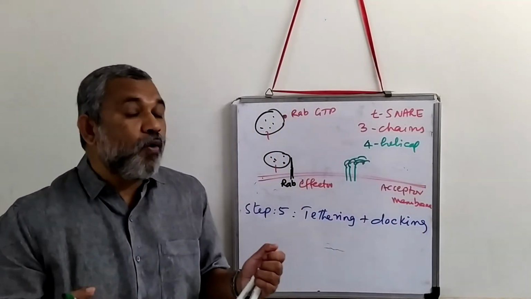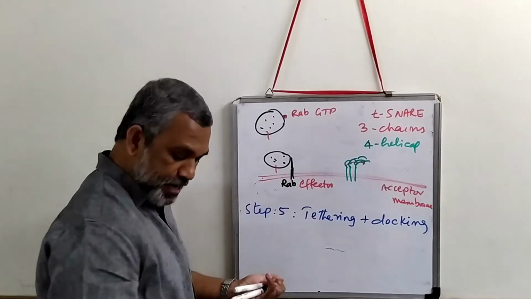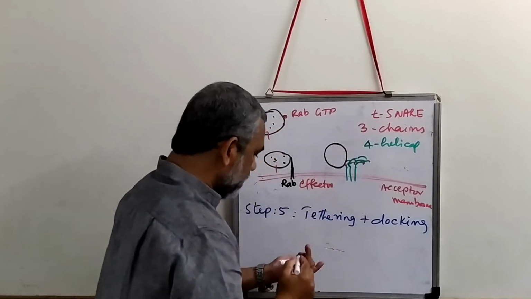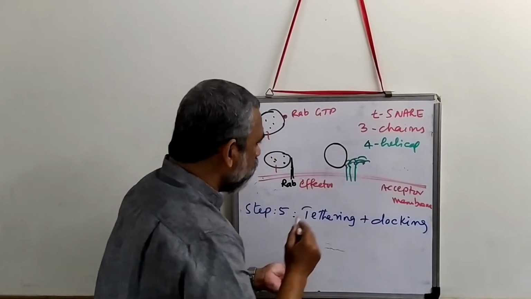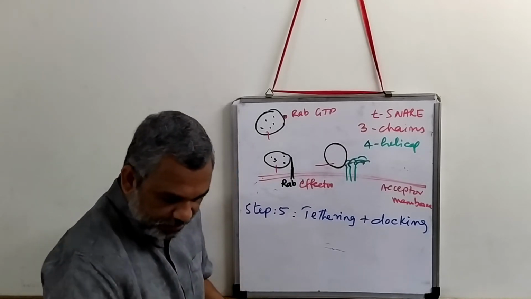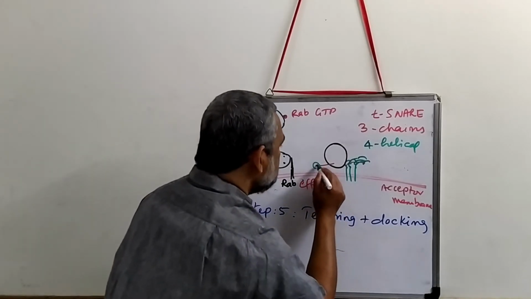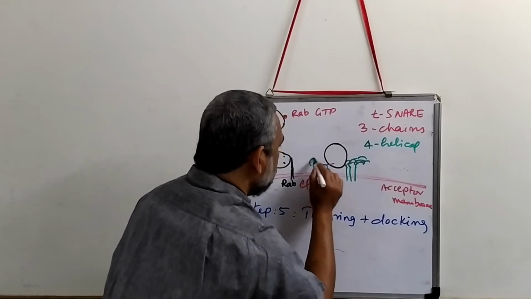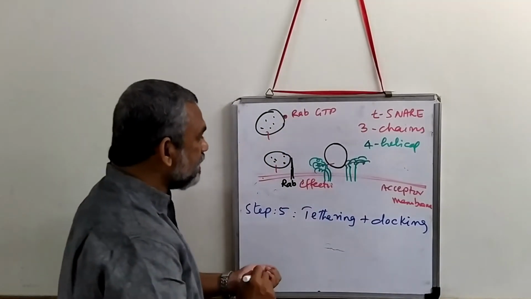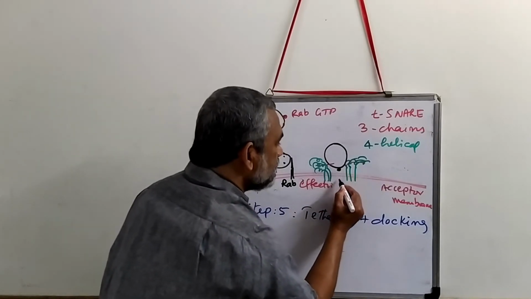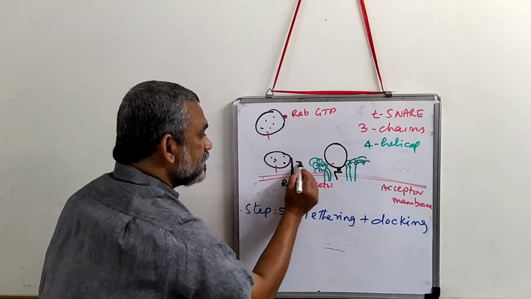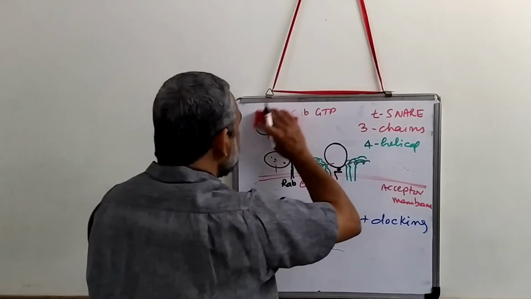Here is our vesicle, and here is the V SNARE, and here is a T SNARE merging with that, 1, 2 and 3, it is formed, and it is already linked with the RAB proteins, and these are the RAB effector. So this is the next diagram.